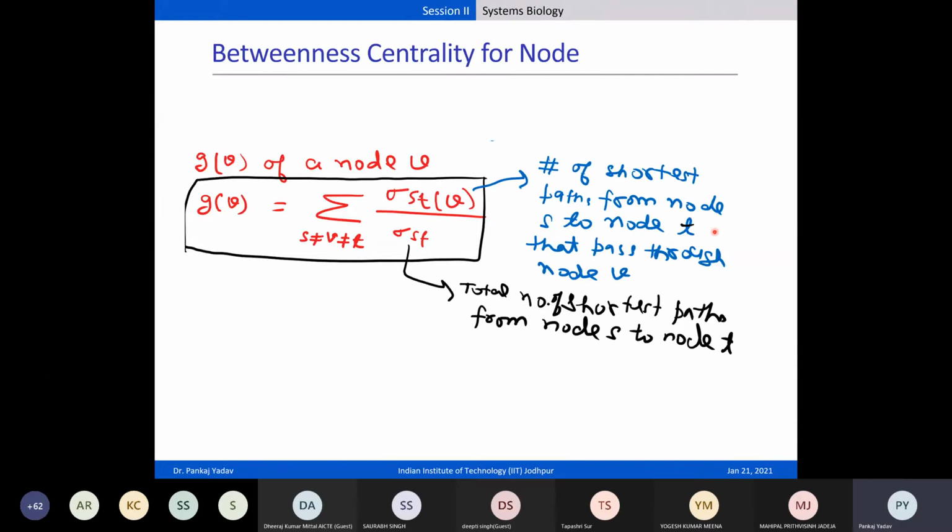There can be multiple paths between S and T, but we include only those paths which are shortest.